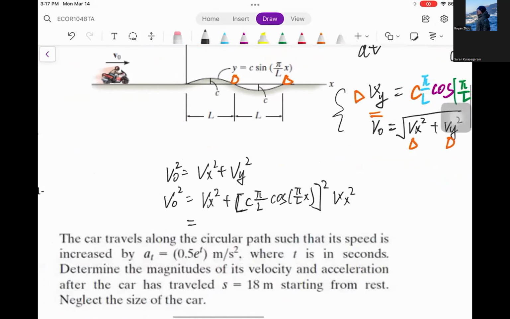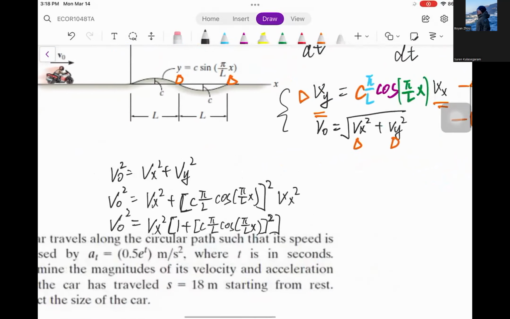So we can keep simplifying this one. We have v naught squared equal to vx squared times 1 plus everything inside here, c pi over L cosine pi over L x, with the power signs and the brackets.